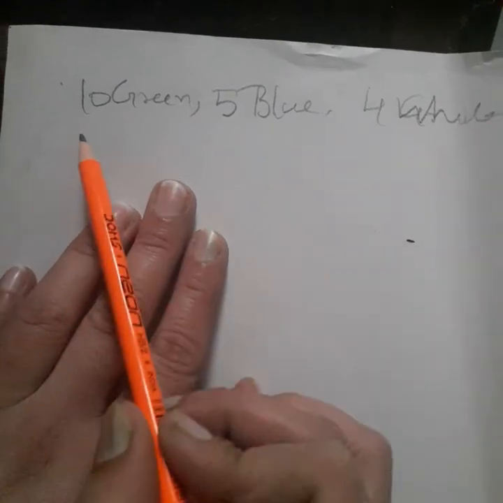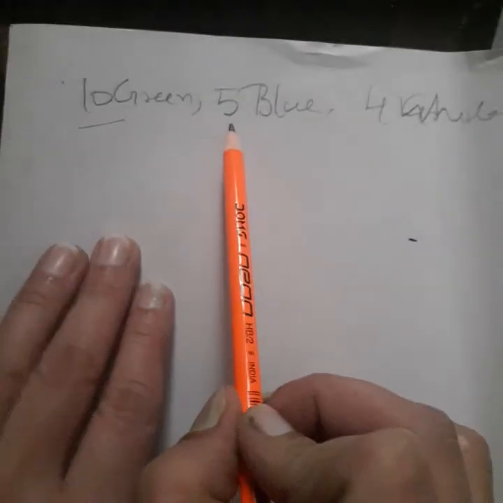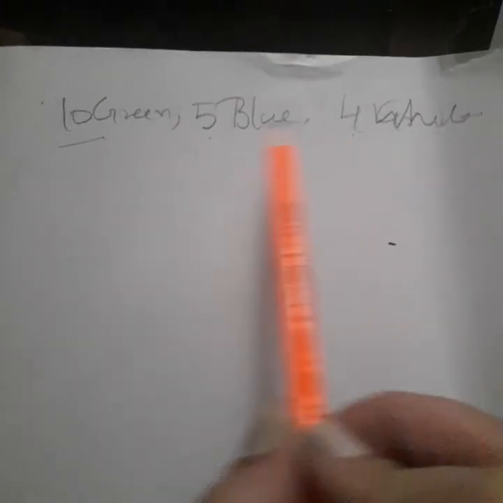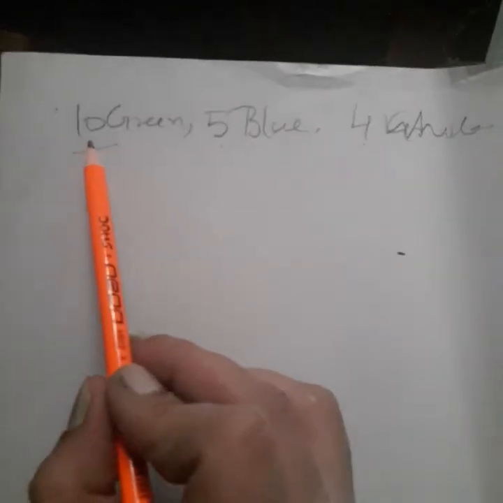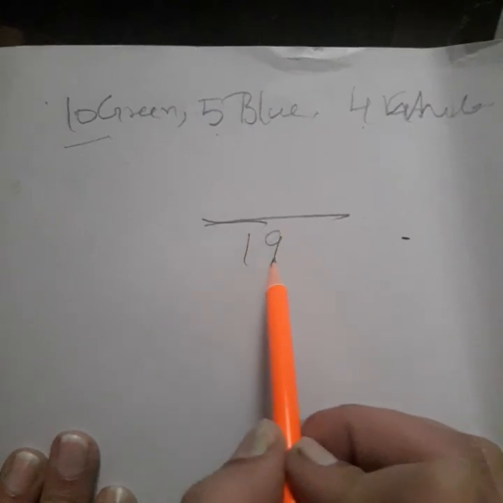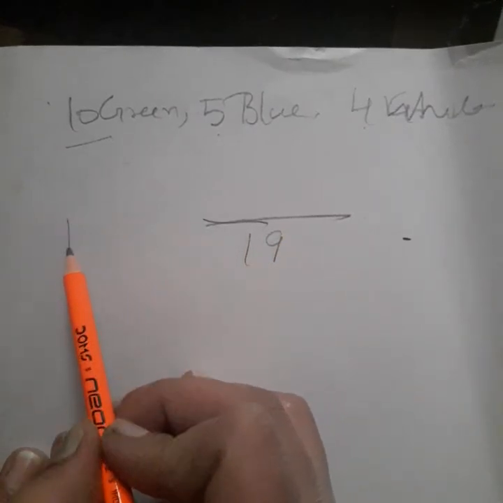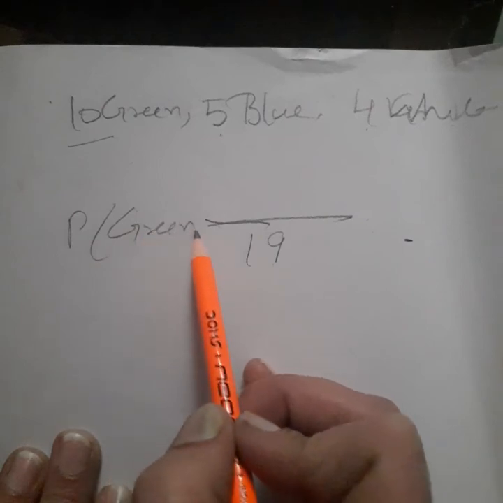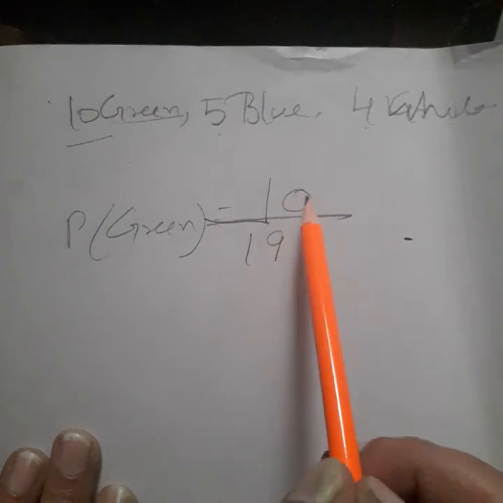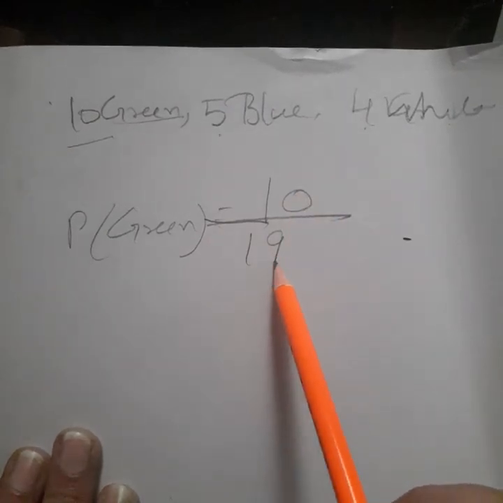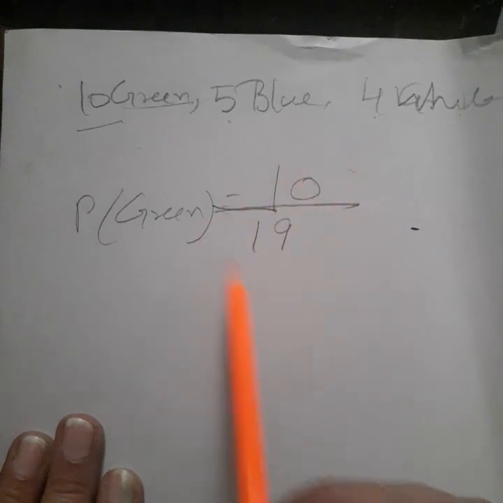The total number of balls is 10 plus 5 plus 4, which is equal to 19. So in the denominator you get 19, and if you have to find the probability of green balls, then we have 10 green balls in our bag, so we get the probability 10 upon 19. Okay, so this is the basics of probability.